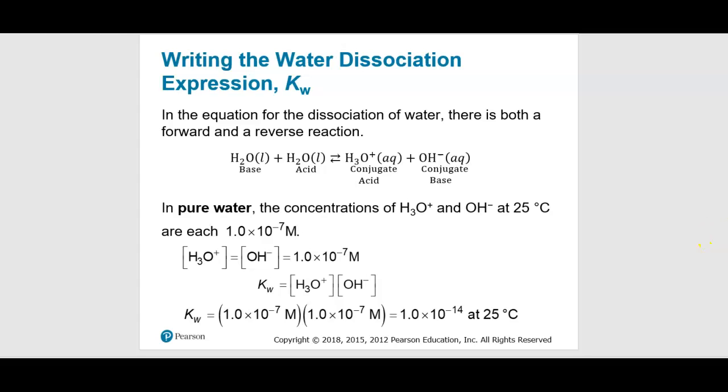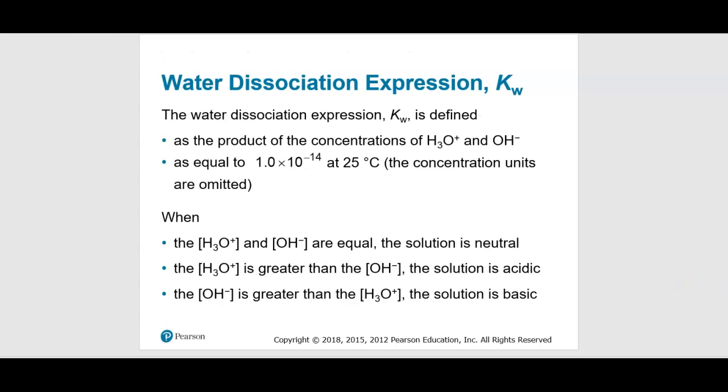Now, that constant is going to be true in all water solutions, where it's essentially a solution of something in water. Water is by far the largest species present, and you're going to see that 1 times 10 to the minus 14th is going to be true for all water solutions. That has important consequences.